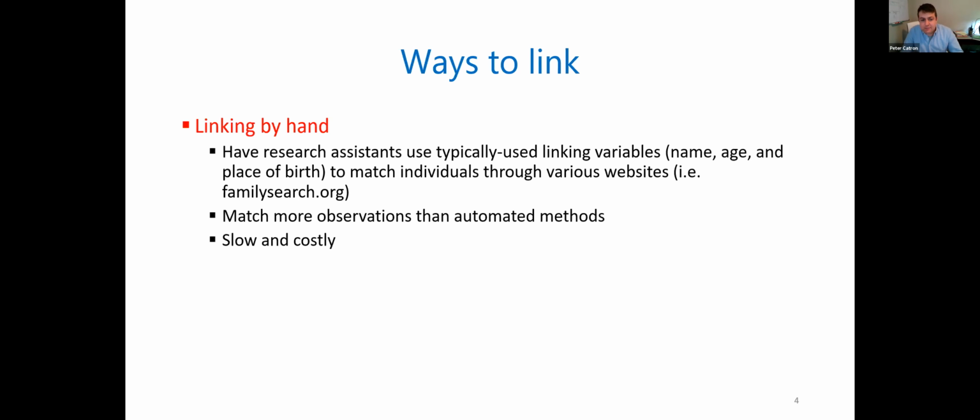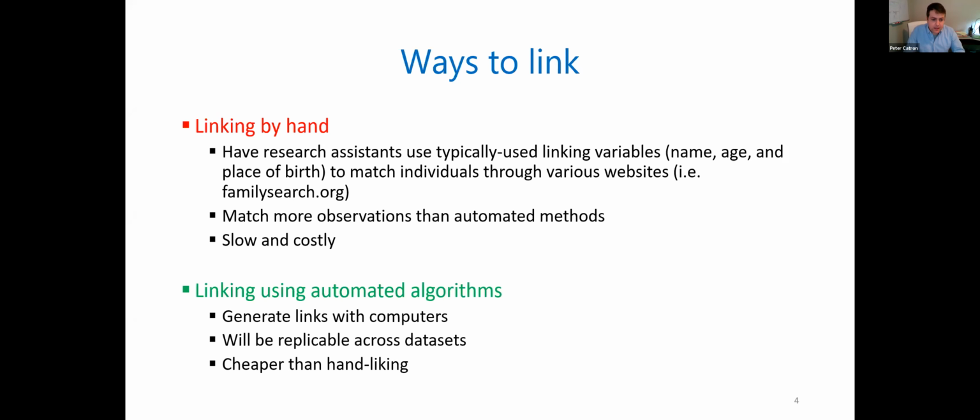It takes a lot of time, a lot of effort, and it's very expensive. You can't match entire censuses by hand, because there are 40 million people in one census, and you have to find them in a later census that has even more people.